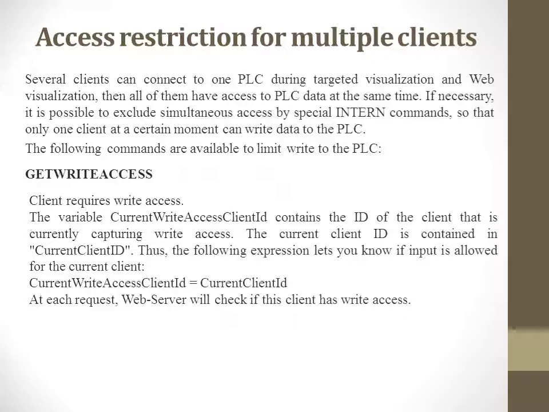Thus, the following expression lets you know if input is allowed for the current client: current write access client ID equals current client ID. So, at each request, the web server will check if this client has write access.